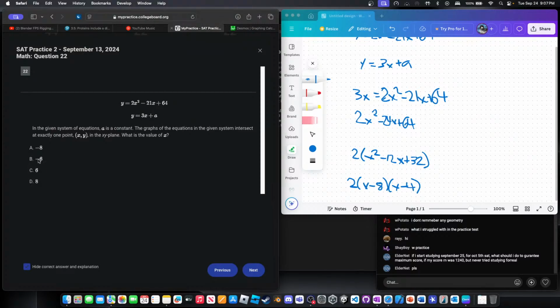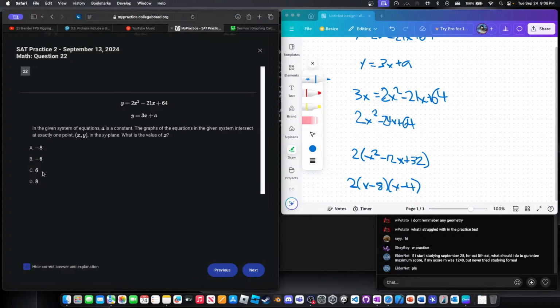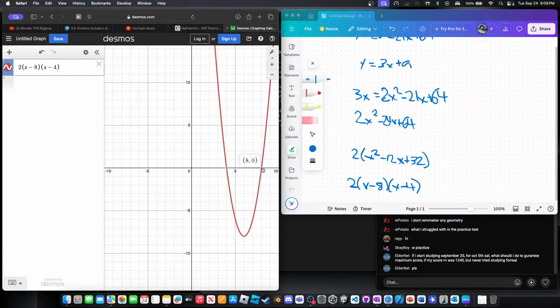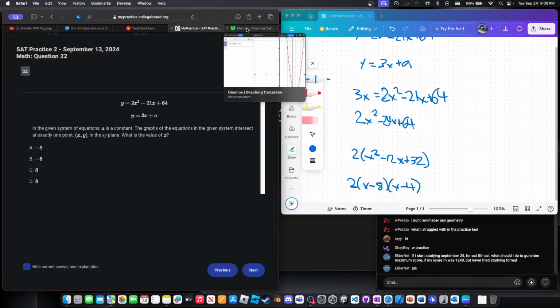I chose B, right? I selected D. Okay. Let's see. The graphs of the equations in this given system intersect at exactly one point. Let's see here.